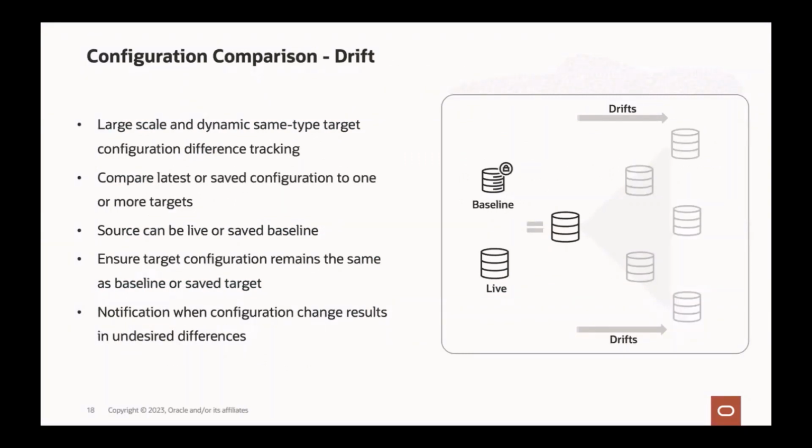Let's look at configuration comparison, a drift scenario. It is a large-scale configuration comparison of similar target types to ensure configuration is the same as the reference. Once you have defined and saved a comparison, a change in configuration automatically starts a recomparison.